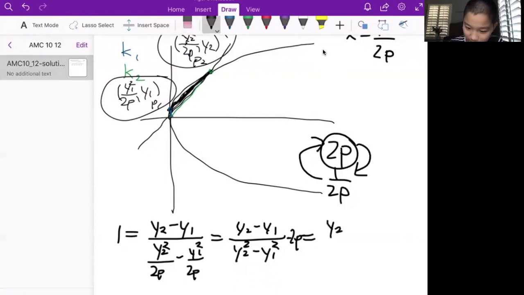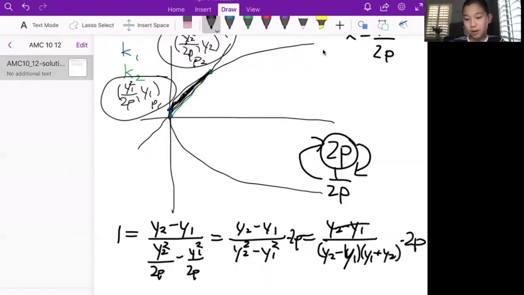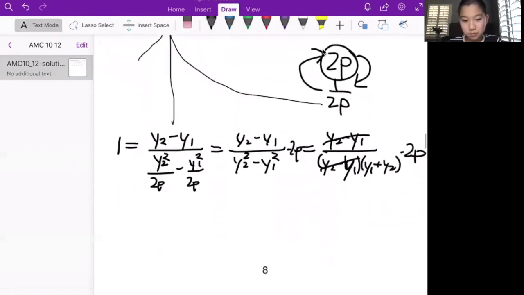So we can write it as y2 minus y1 over y2 minus y1 times y1 plus y2, then times 2p. The y2 minus y1 on the denominator and numerator cancel.